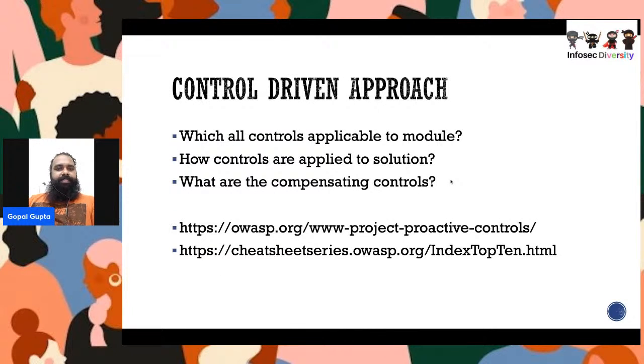The other one is the control driven approach. Control driven is where you know the different kinds of security controls like authentication, authorization, session management, cryptographic controls, input validation. So you first pick which control you want to evaluate, whether you are doing the right kind of authentication or not.